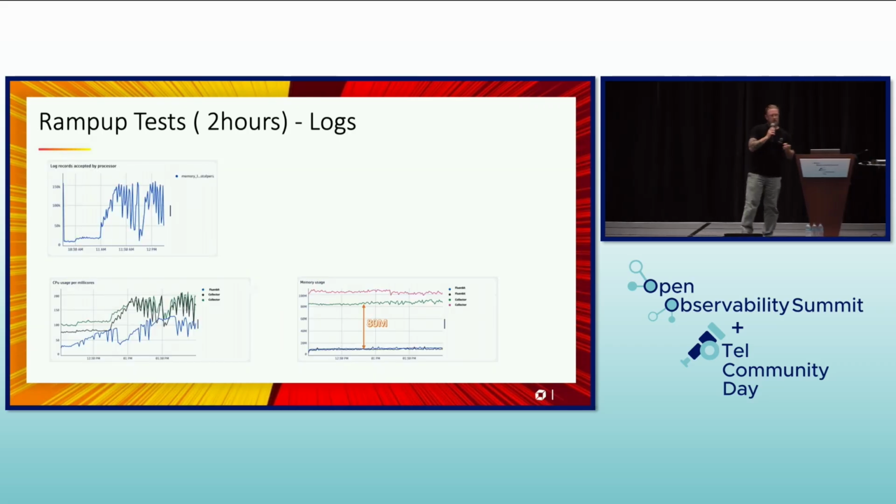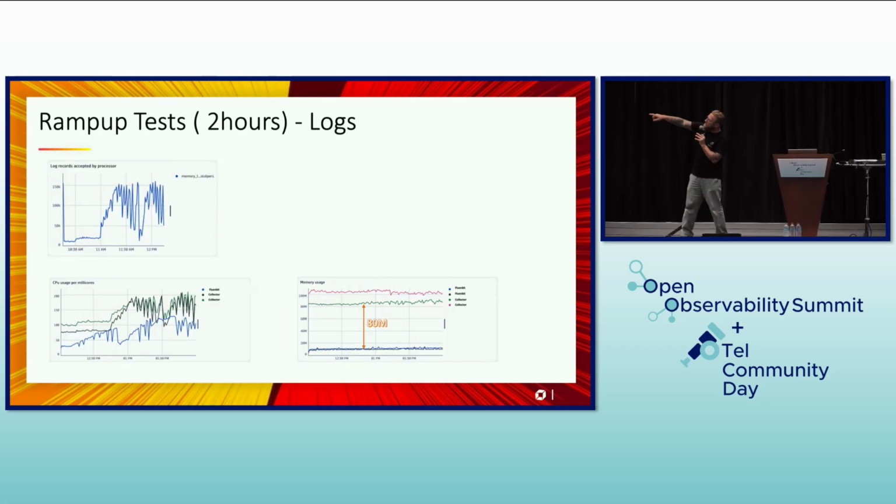So starting with the first results with ramp up. You can see the logs increase with the load. I'm adding 50 users every 30 minutes, sorry, on each app. So you have 200 users on the OpenTelemetry demo, and 200 users on the Hipster Shop. In terms of CPU resources, Fluent Bit is better.